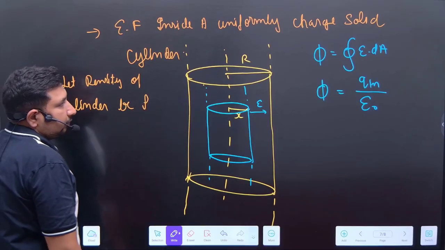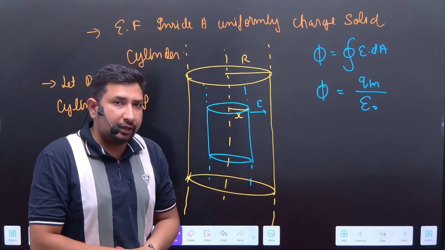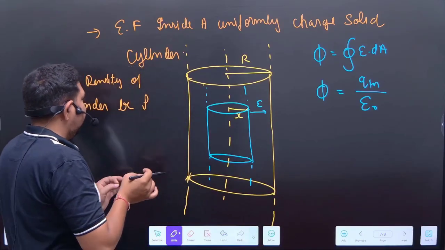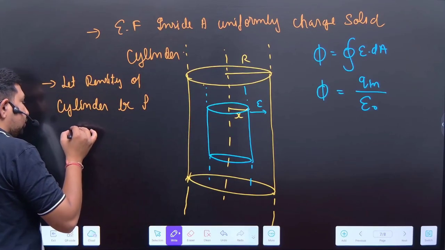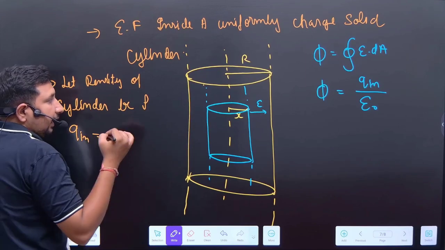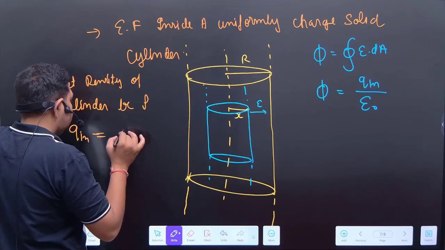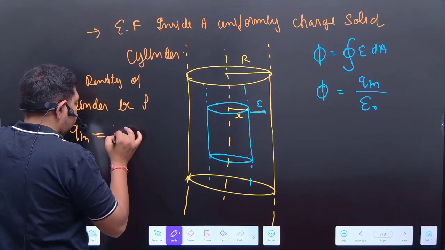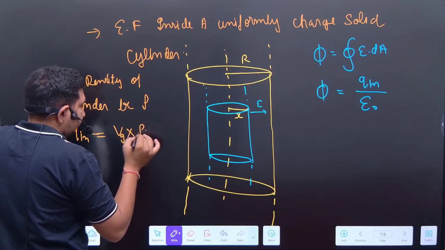So rho is the charge density of this cylinder, right? So if you want to find the charge inside this entire Gaussian surface, the charge enclosed inside this Gaussian surface can be found by using the volume of the Gaussian surface times the density.